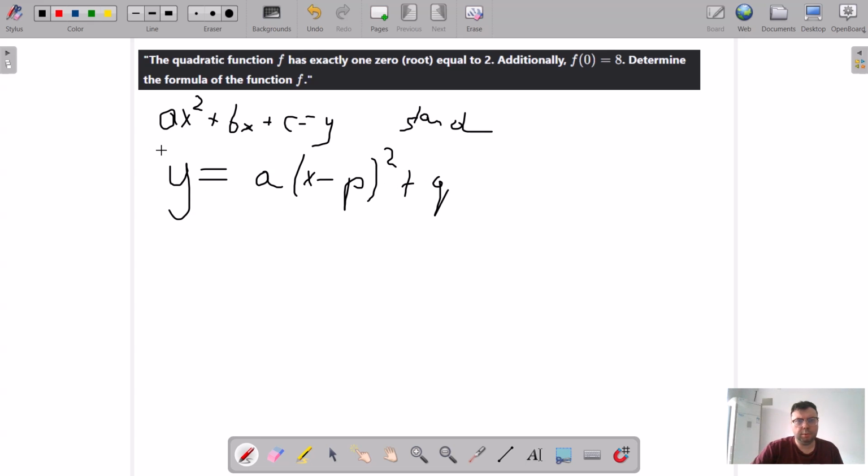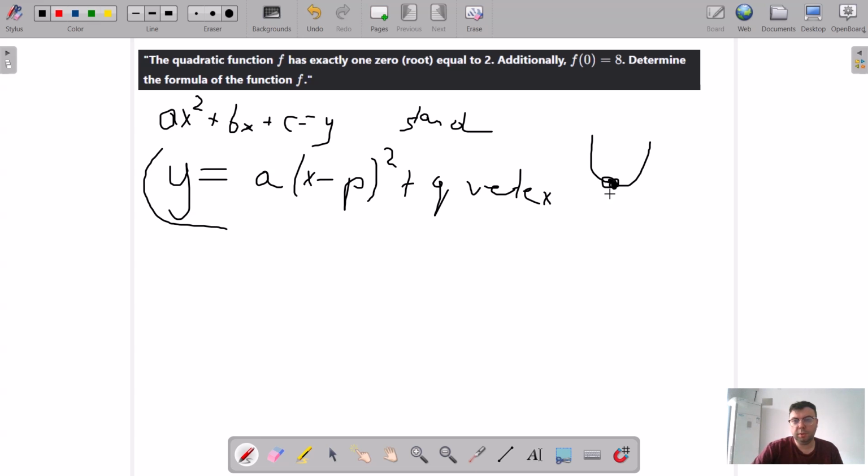First we'll use this method, and this is called vertex form because it tells us information about the vertex. When you have a parabola, for example, the top point, whether it's facing upward or downwards, is the highest point or the lowest point.